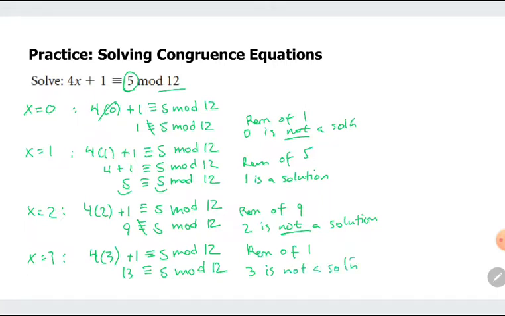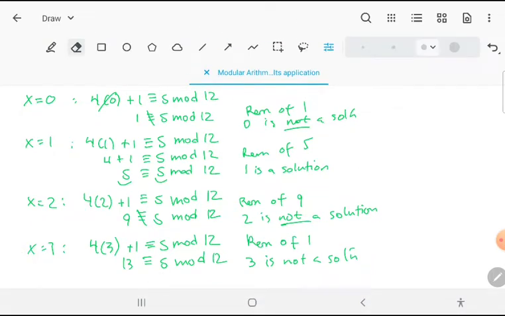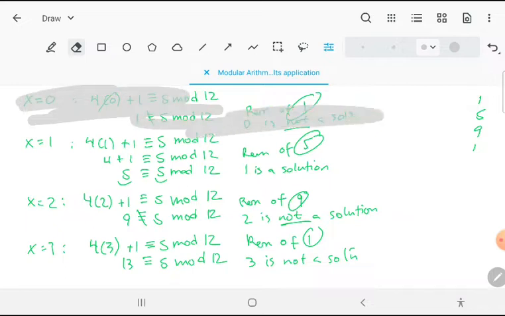So what are our solutions so far? We only have 1. But take a look at the pattern. We're getting these types of remainders: 1, 5, 1, 5. Let's see if it repeats. Maybe we can use that to our advantage.